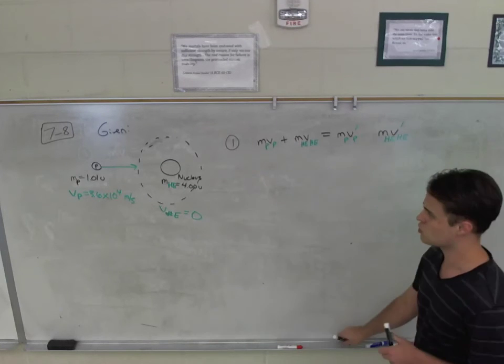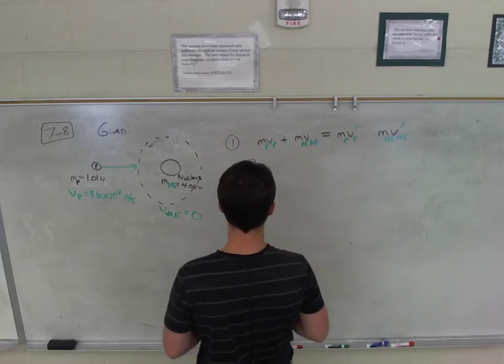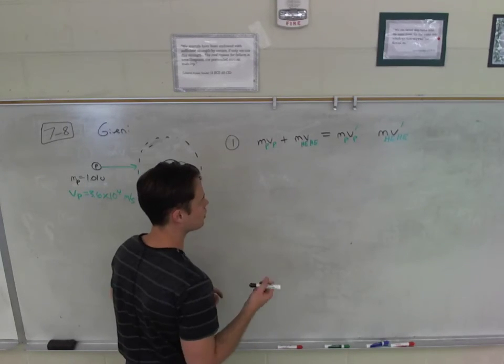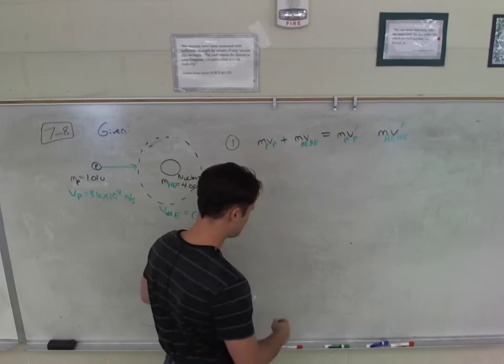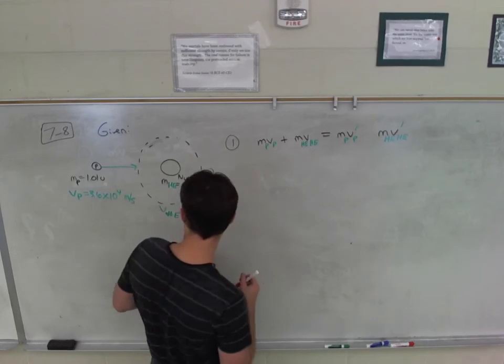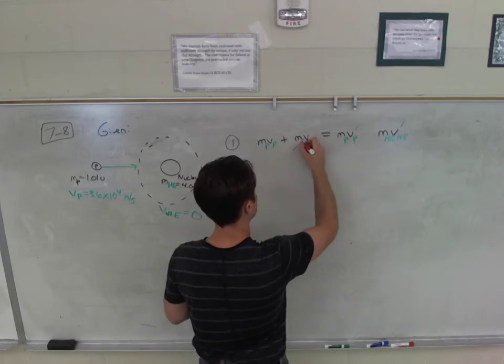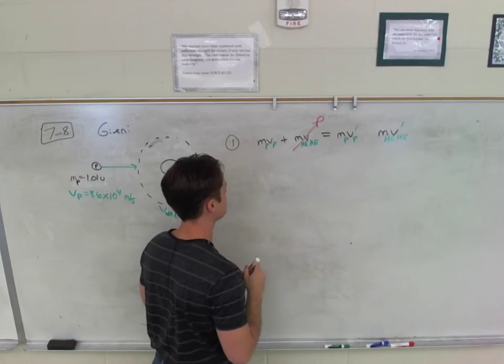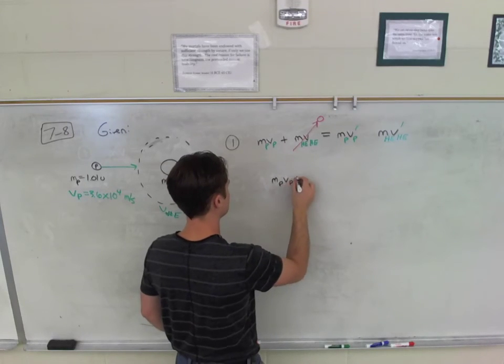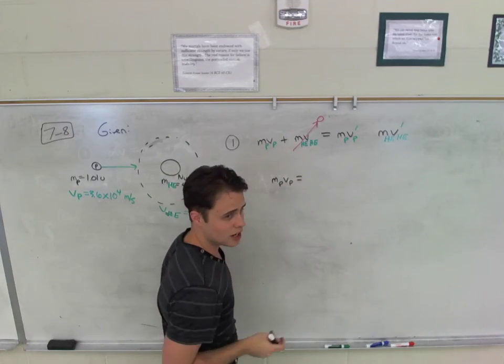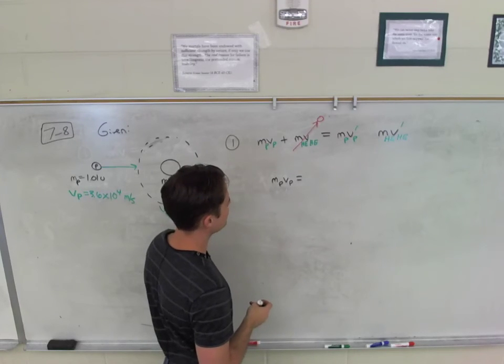Okay? So now can we come up with something else? We've got that other thing for elastic collisions. Let's see, can we simplify that down at all? Second term is 0. That goes to 0, that's nice. So we have MP, VP, and we know some of the masses. We could start sticking those in, but what do we not know?